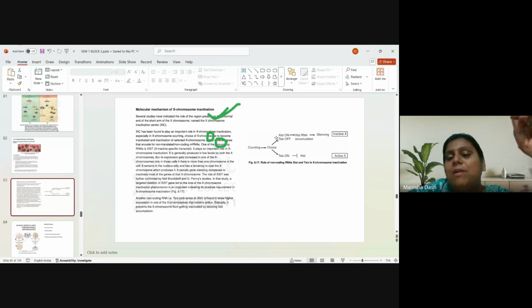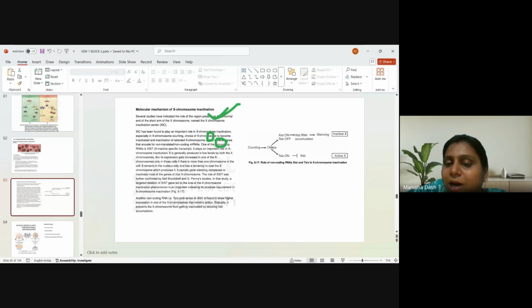So let's say randomly here the paternal chromosome is chosen to remain active. For the paternal chromosome, the TSIX, which is actually the antisense of XIST, will be present, and there will not be any formation of the silencing RNA, and the X chromosome will remain active. But here the maternal chromosome has to be silenced.